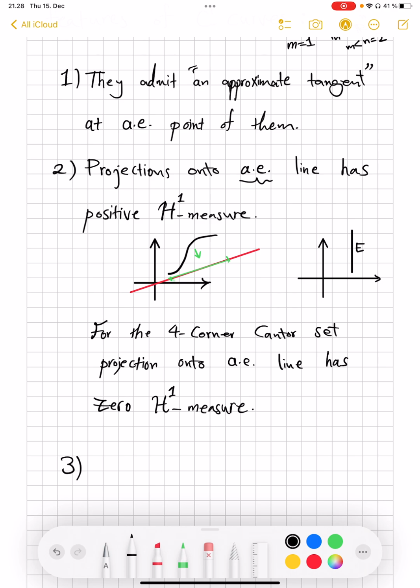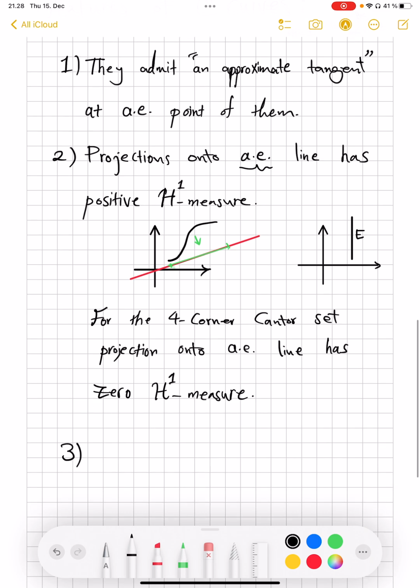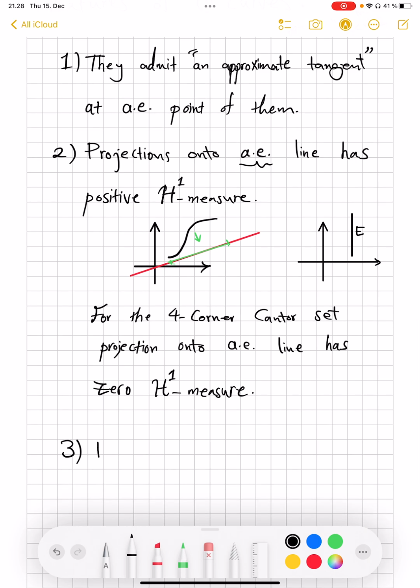And property 3 that rectifiable sets share with C1 curves is that of density.